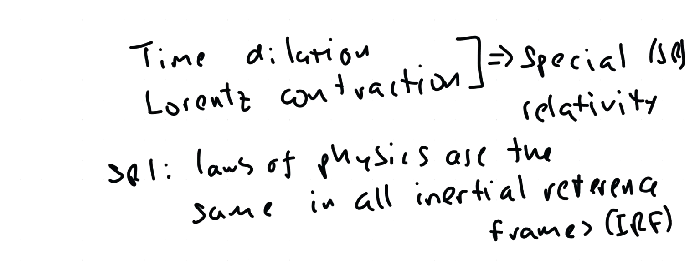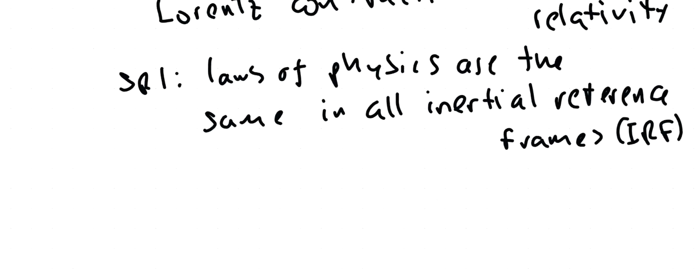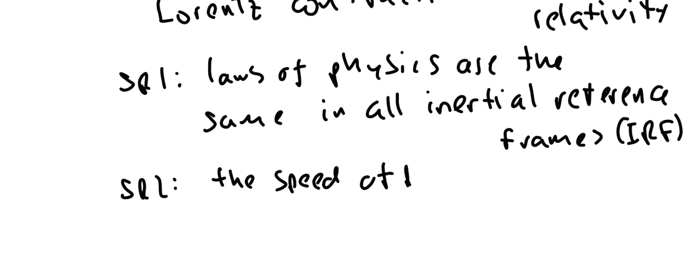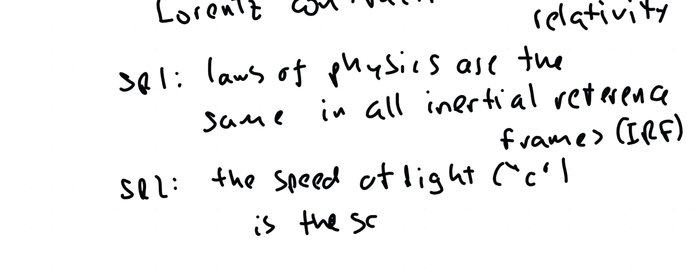That's the first postulate. The second postulate is that the speed of light, which I will always denote by c, is the same in all reference frames.